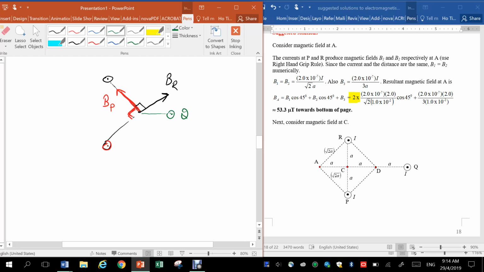That saves us a lot on the working, so that's PQ. Right, so let's look at it. BP and BR, they are symmetric in the left and right directions because they are both 45 degrees away from the vertical. Oops. Let's draw that back in, the great one is PR.